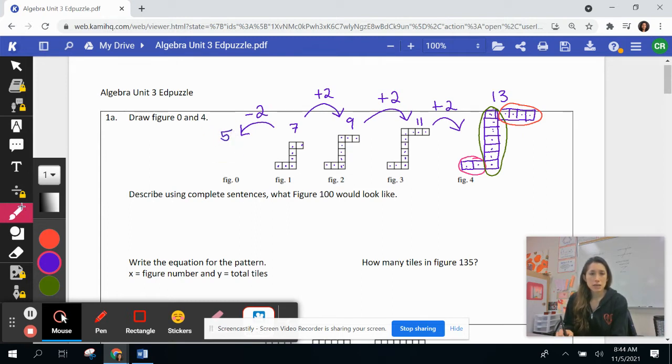It looks like we're going to have to get rid of this piece. Okay, so we're not going to have that anymore. And then we would have to get rid of 1 in this tall row as well. So I would get rid of these 2 pieces here at the top, and then we'd be left with our 5 tiles. So let's draw that out.